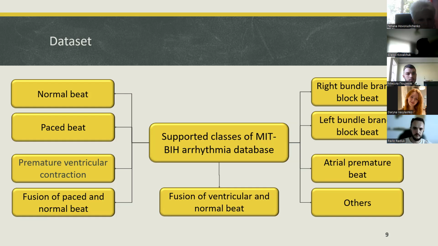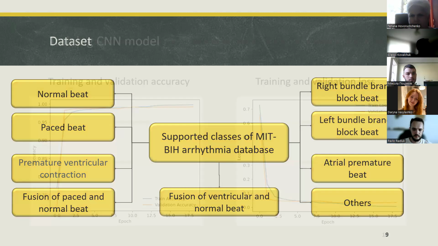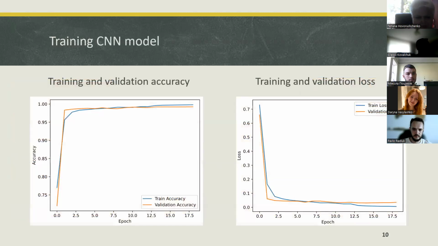The resulting samples of signals were split into training and testing datasets with a ratio of 80 to 20%. In addition, the training dataset was split into training and validation sets. Using this data allowed us to achieve a good result in CNN model training.